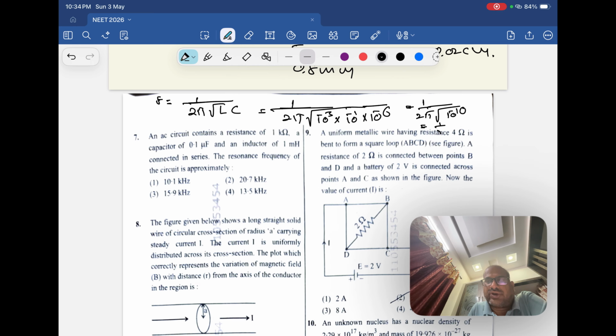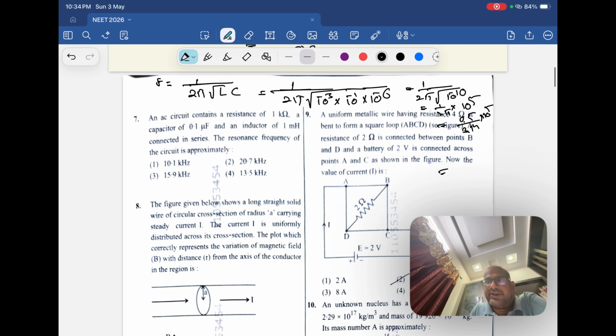That is 1 by 2 pi, 10 power minus 5 whole square, you can say 10 power minus 5 will go up as 10 power 5. So 1 by 2 is 0.5, by 3.14, into 10 power 5 hertz, right?